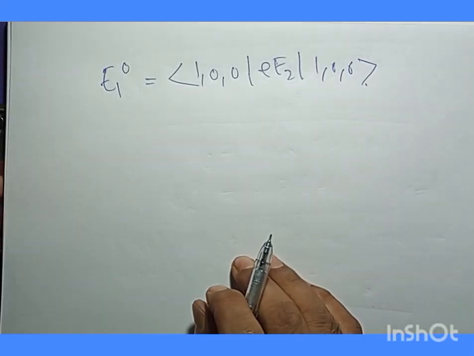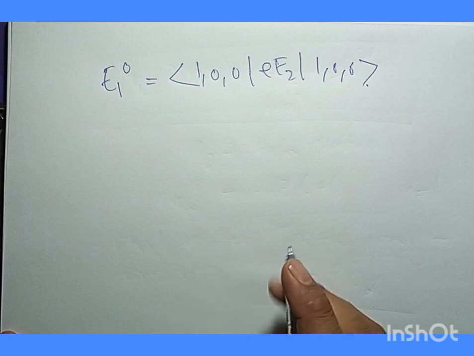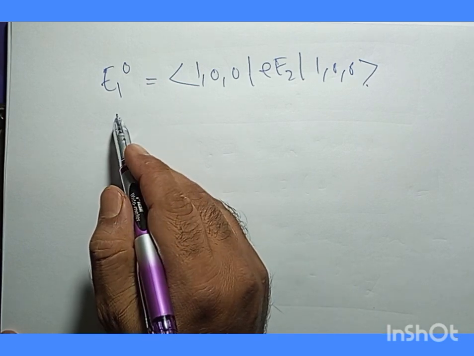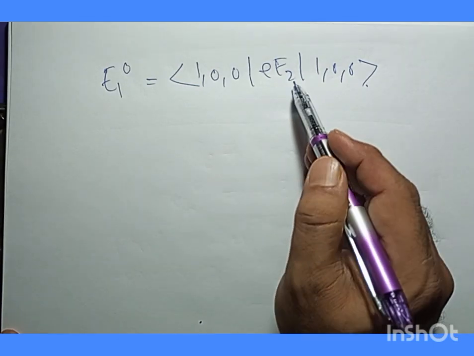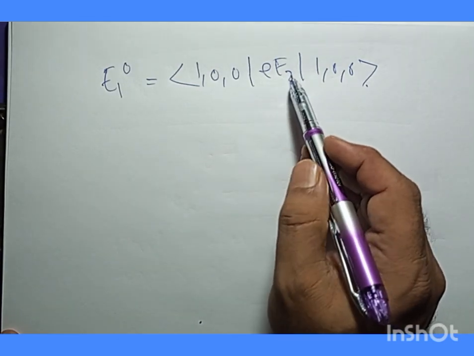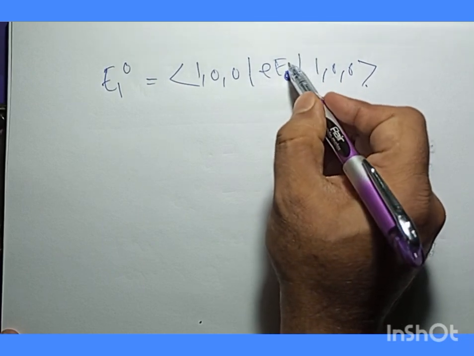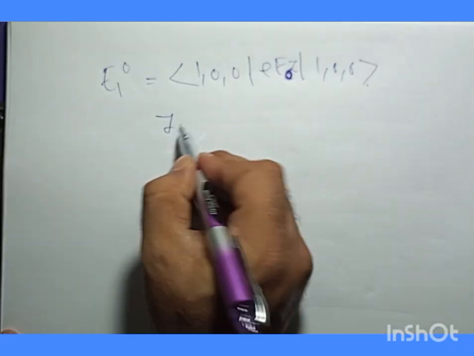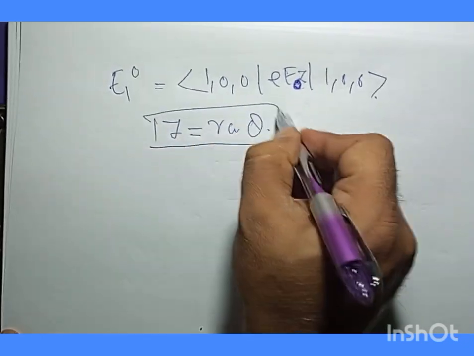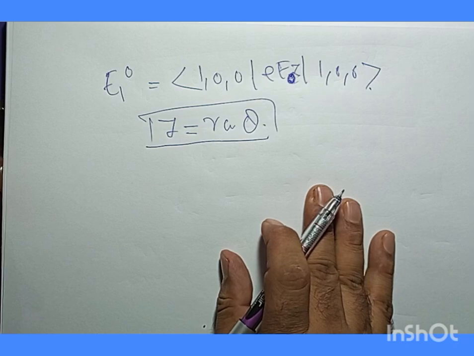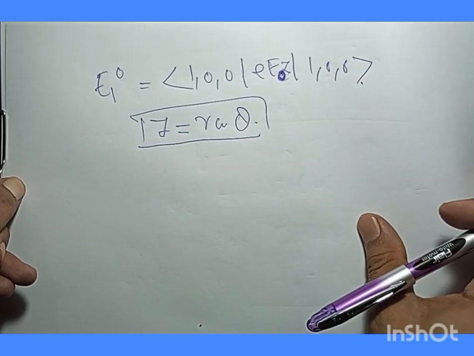This is the matrix element for the first order correction to the energy, and for z we have z equals r cos theta.